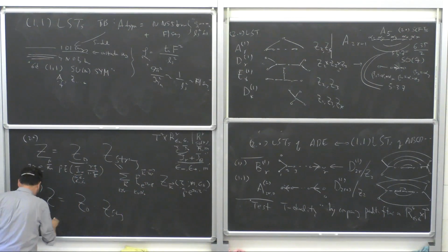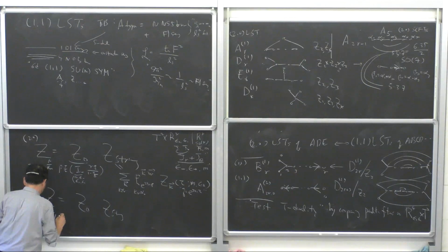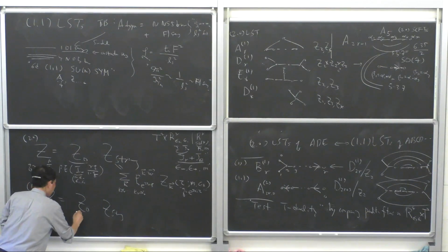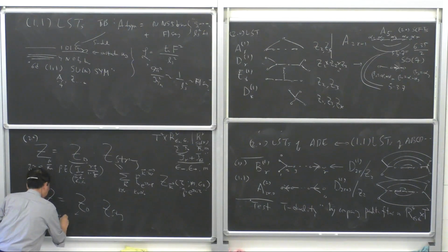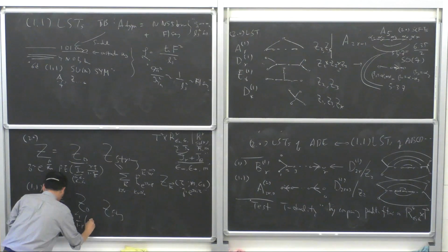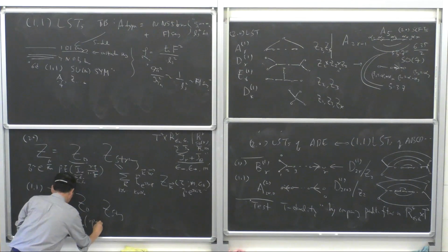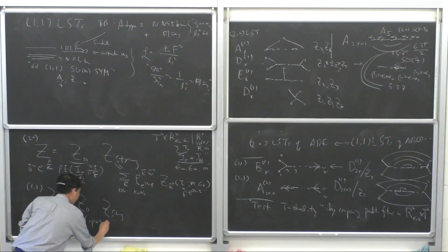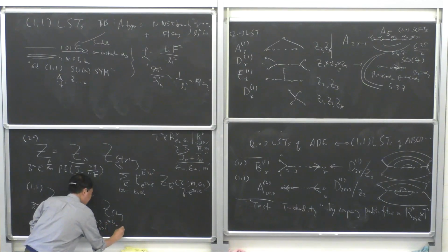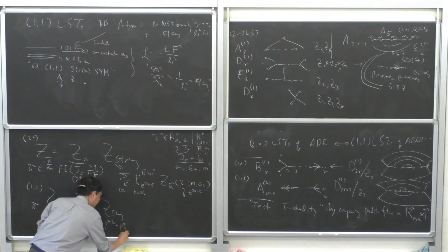This part is roughly given in terms of the Cartan part and then the positive roots, and then the negative roots have to have KK momentum.